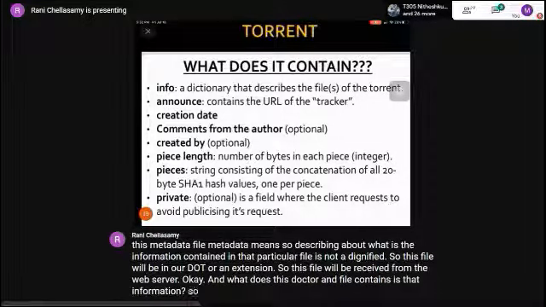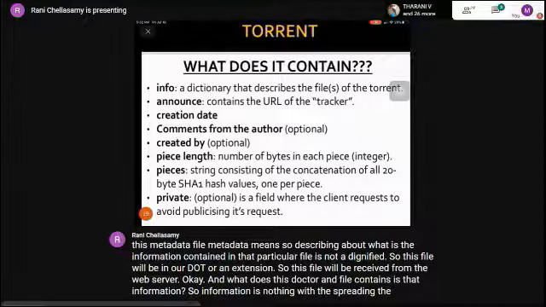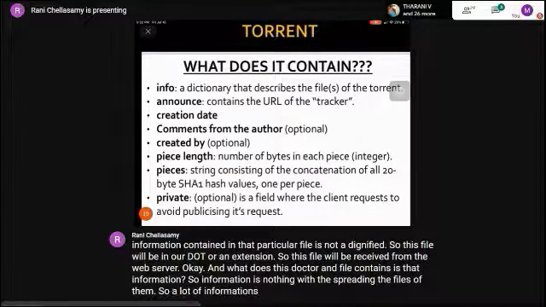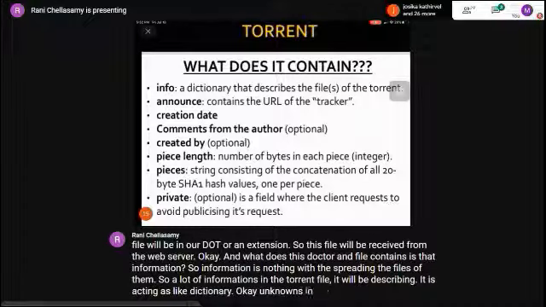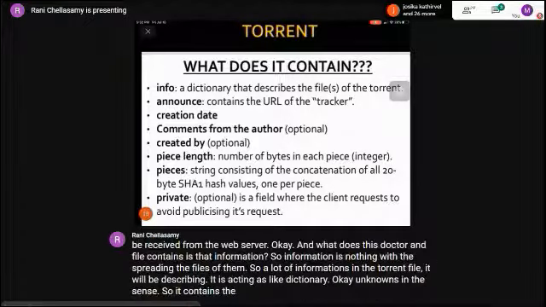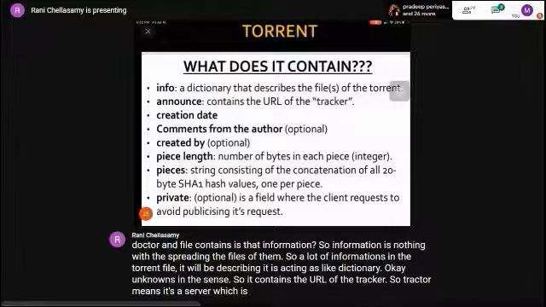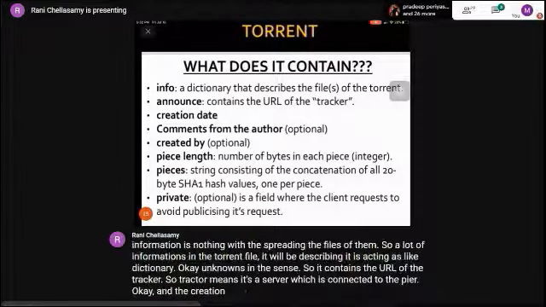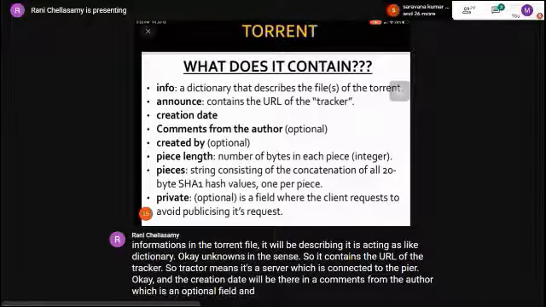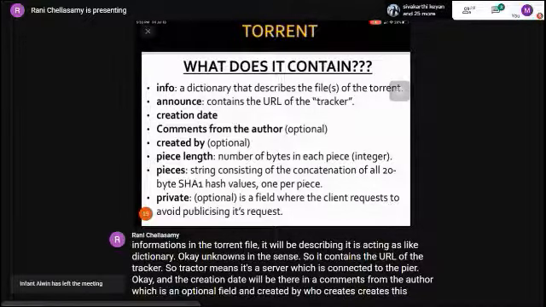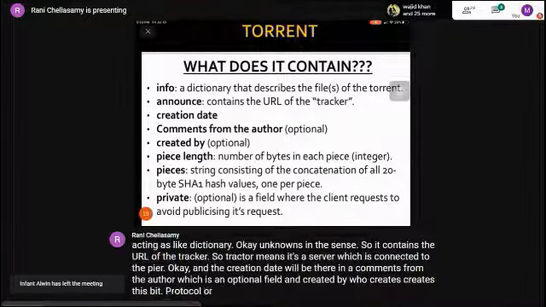That information describes the files of the torrent, and it acts as a dictionary. It contains the URL of the tracker, where a tracker is a server which is connected to the peers. The creation date is there, and comments from the author, which is an optional field, and created by, who created this file, is also optional.